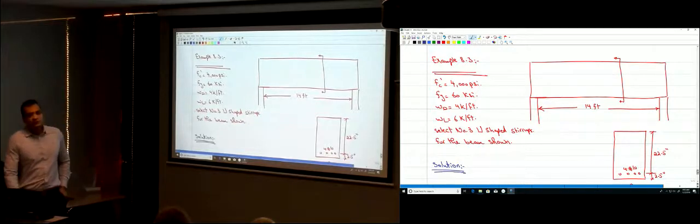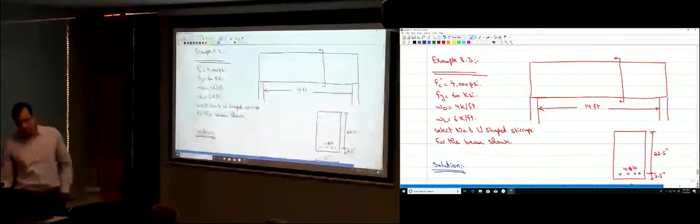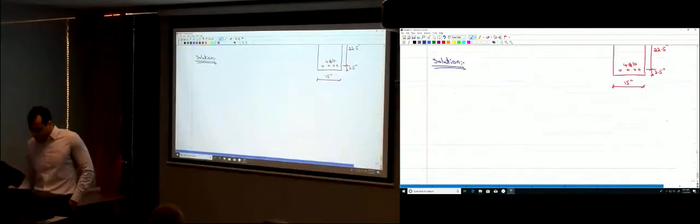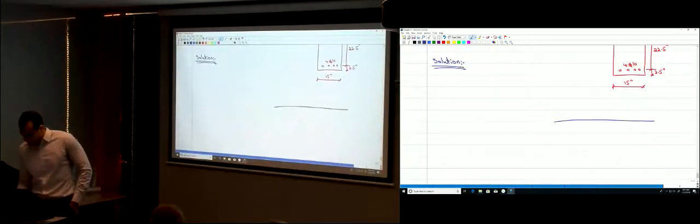So how would we find Vu? Through structural analysis, right? First, we need to apply the load combinations and do some structural analysis. Our beam looks like what? This is our beam here. It's a simply supported beam. What load do we have on our beam? This is 14 feet.